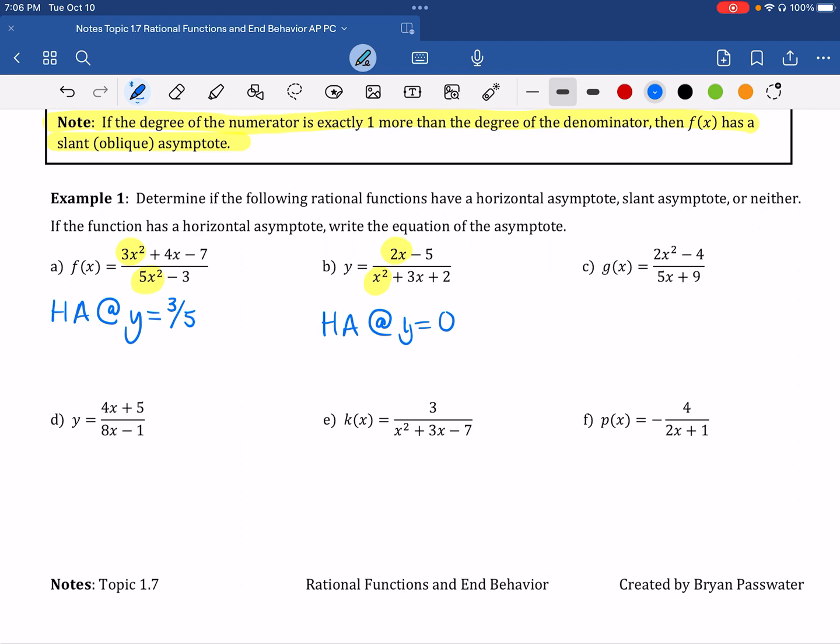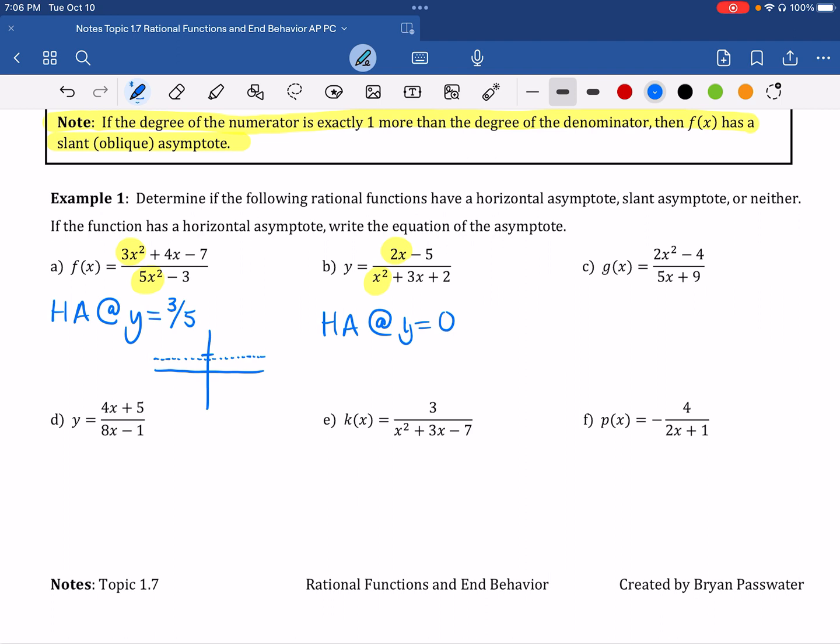And if you haven't heard the term horizontal asymptote, or even asymptote at all, it's what a function is approaching as x becomes infinitely large. For instance, in this function, what that's telling me is that at 3/5, so about here, you're going to have a horizontal asymptote that this function is going to approach at the ends.